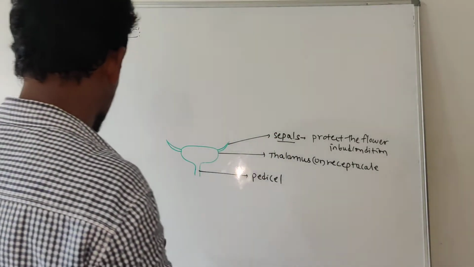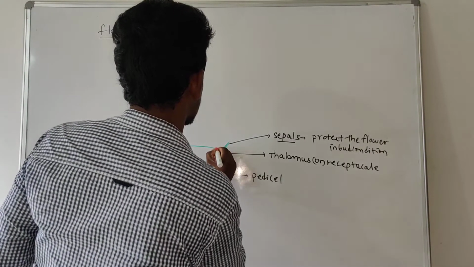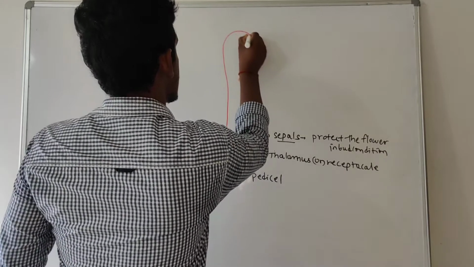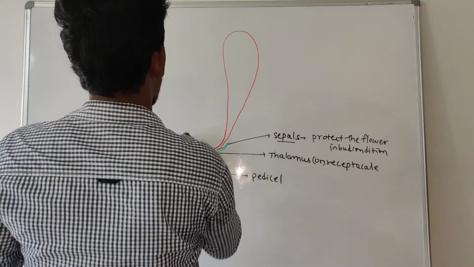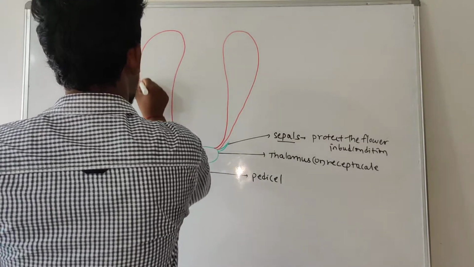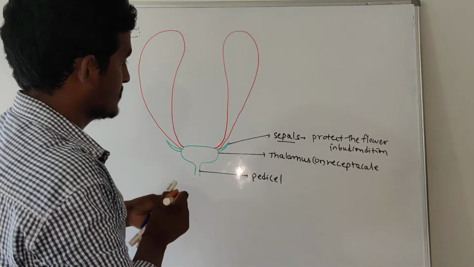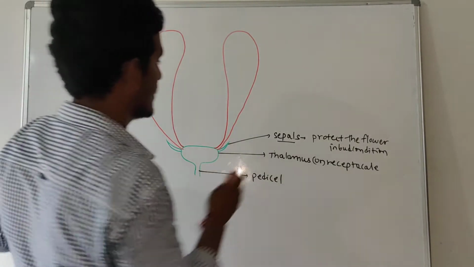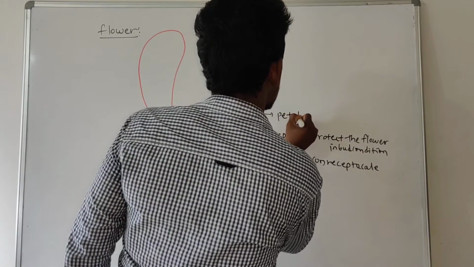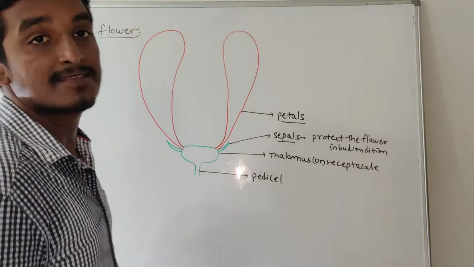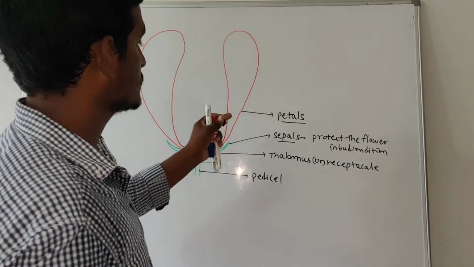The next part is the corolla. These are petals, and they are in different colors. Why are they in different colors?